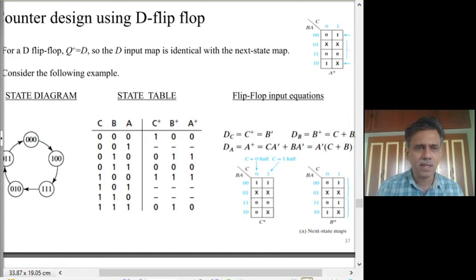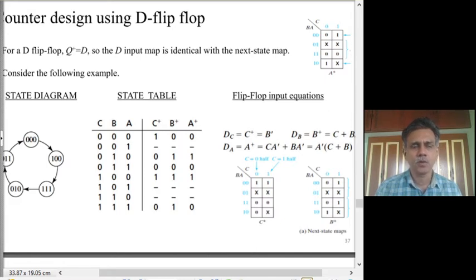So Q plus is nothing but D, irrespective of the previous value of Q. So this is the excitation. You simply give the desired Q plus to the D input, then that gets stored. So the excitation table for the D flip-flop is very simple.